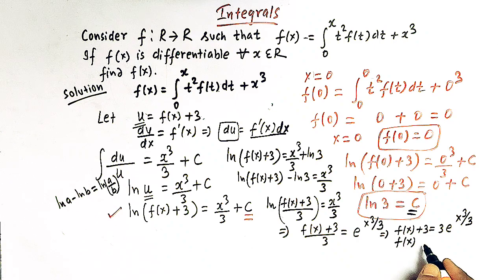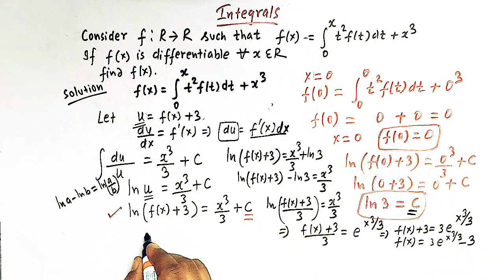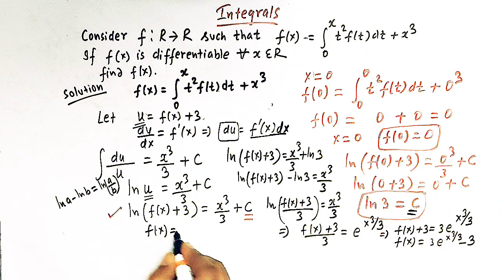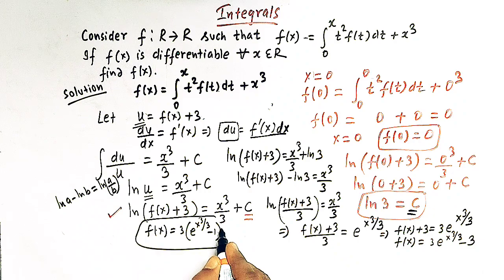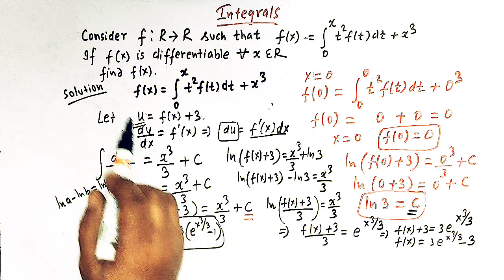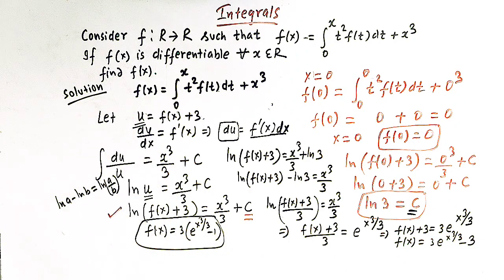And now we can take this 3 to the right hand side. We have 3 times e raised to x cube over 3 minus 3. And taking 3 common, we can now write 3 times e raised to x cube over 3 minus 1. So this is the required expression for f of x.